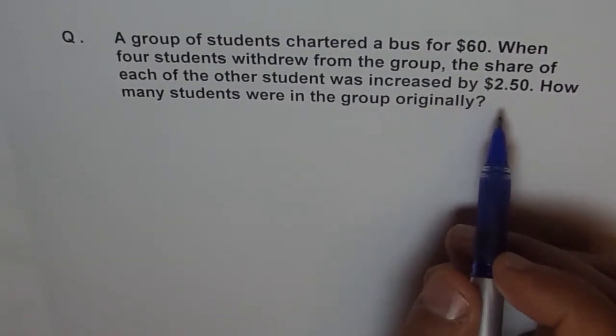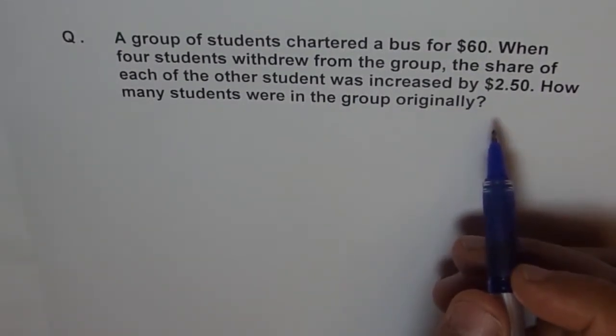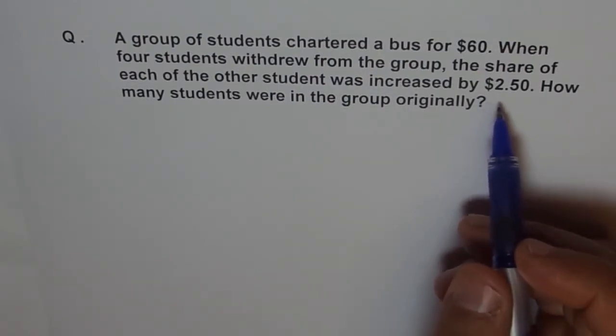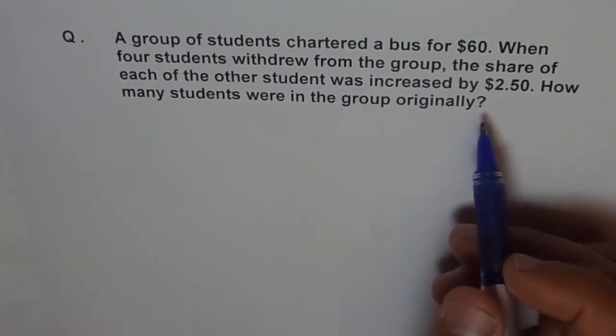Right. So when they were all there, they were sharing $2.50 less. Now when 4 withdrew, their expenses have gone up by $2.50. We need to find how many people there were originally, correct?